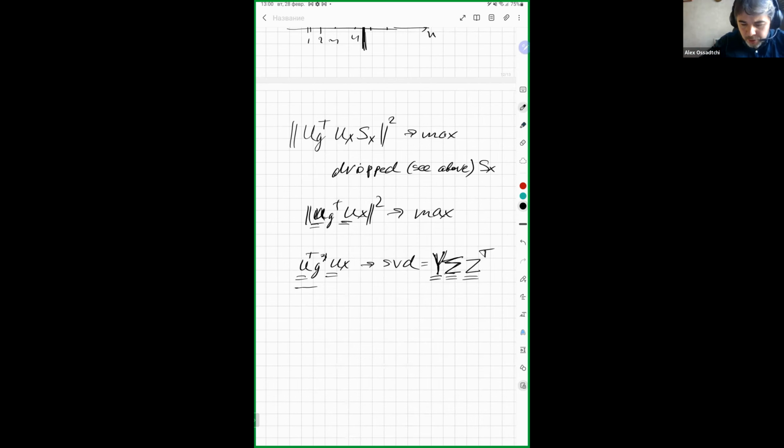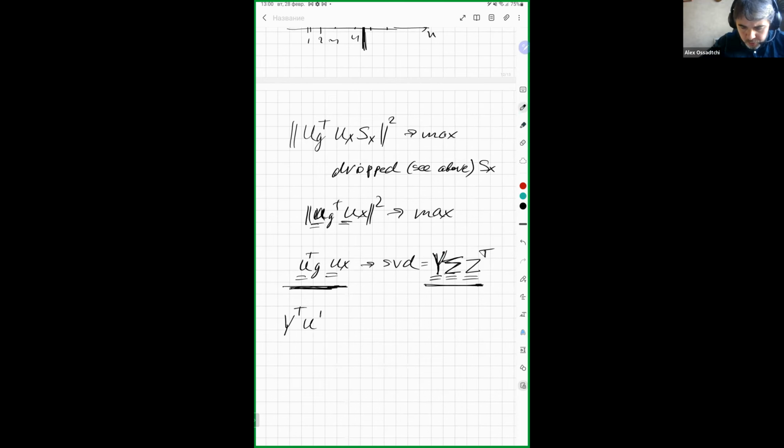Now, see what happens. I'm postulating that because this is a matrix, you can decompose any matrix, which is now, in this case, a product of these two matrices, right? But it doesn't matter. You can decompose it into this SVD. Now, multiplied by Y transpose on the left, and by Z on the right, okay?